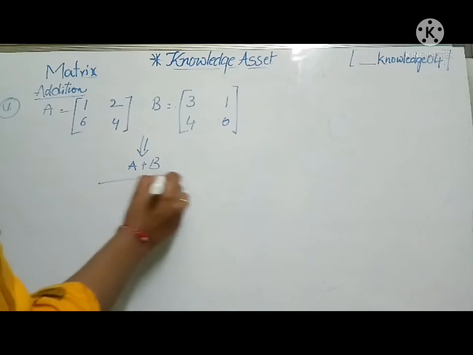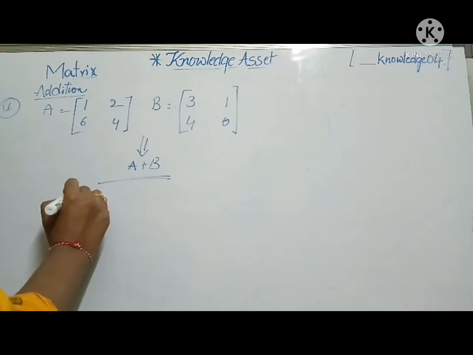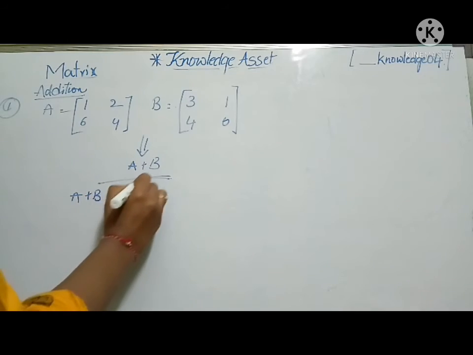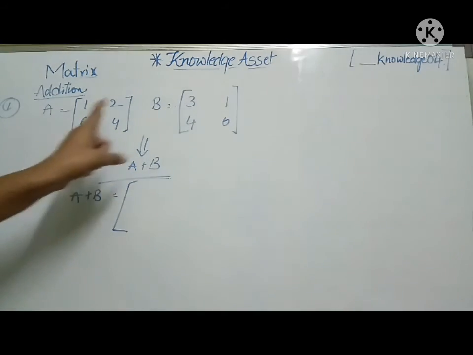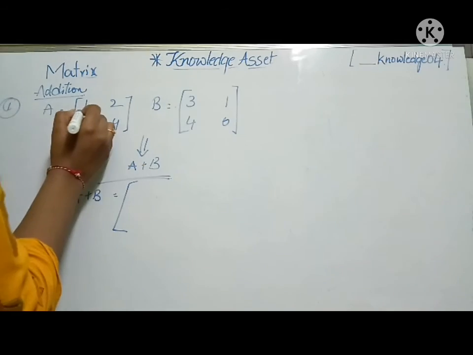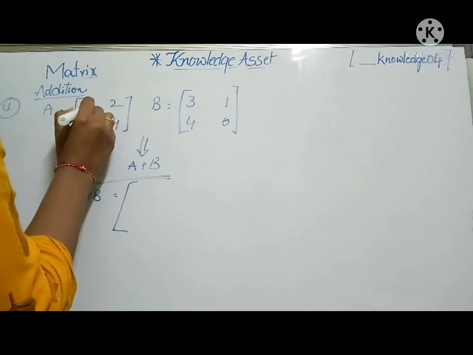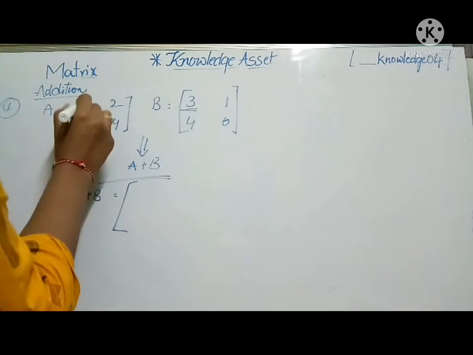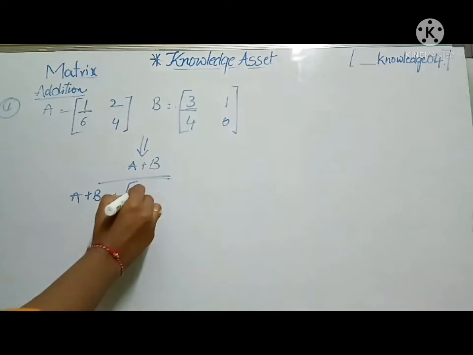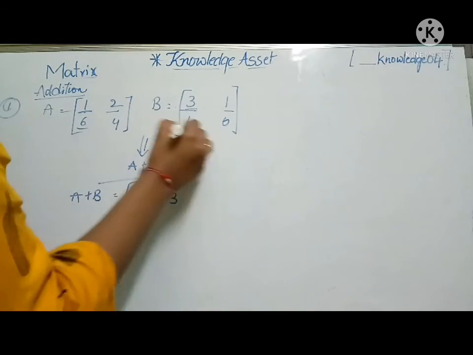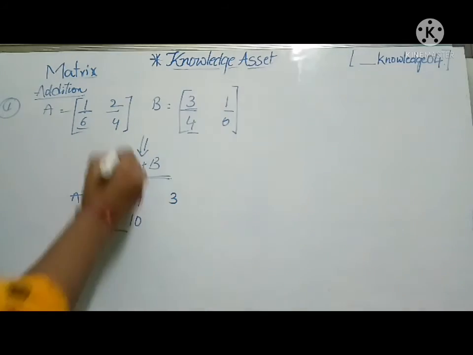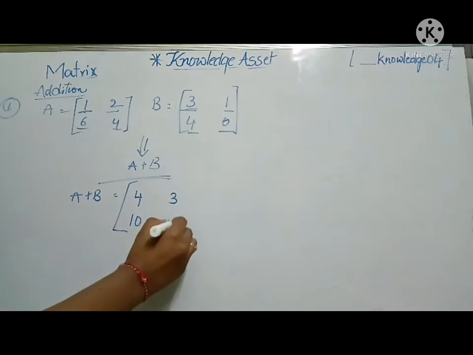So A plus B will be the addition of the corresponding elements of matrix A and matrix B. So the first element of matrix A is 1 and B is 3. 1 plus 3 is 4, and 2 plus 1 is 3. 6 plus 4 is 10. 4 plus 6 is 10.